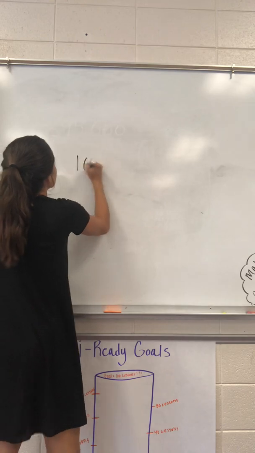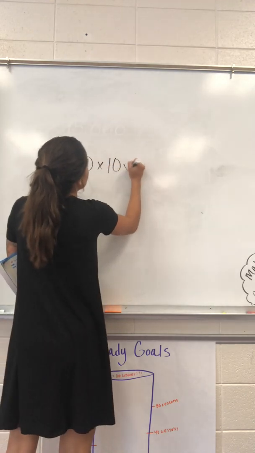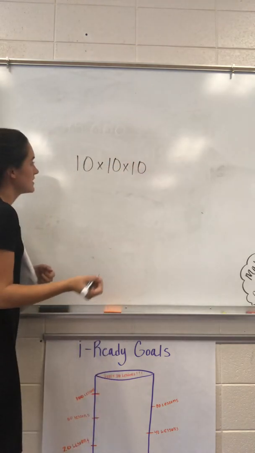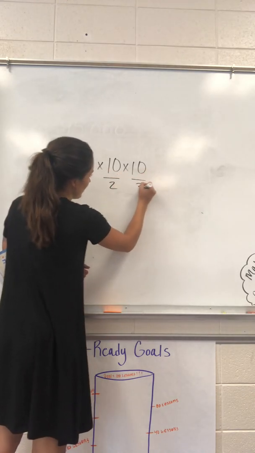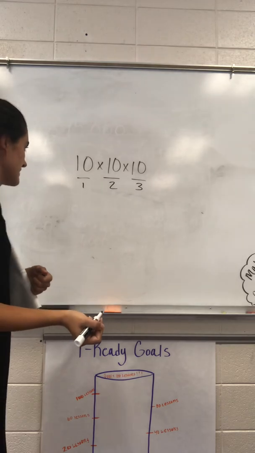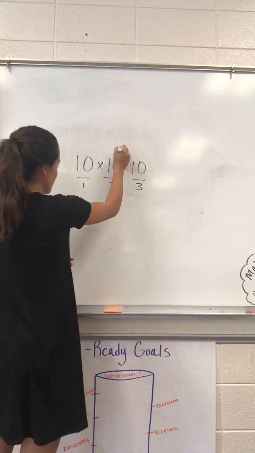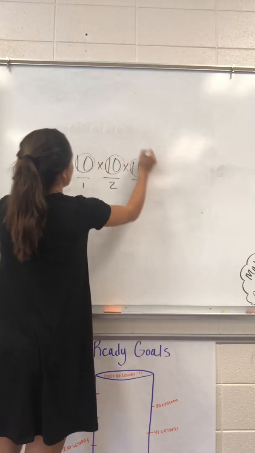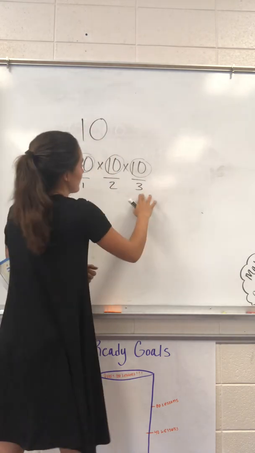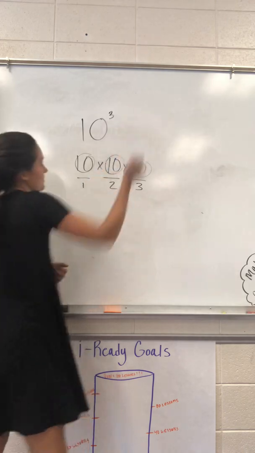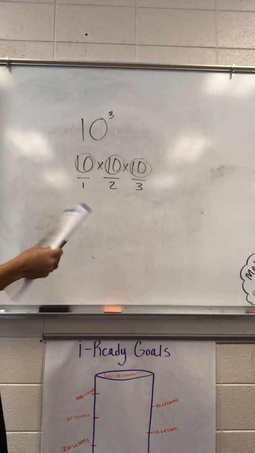So I've got 10 times 10 times 10. So I can count. I've got 1, 2, 3. So I've multiplied it 3 times. So I know that I can take this base number, which is 10, and I know I multiplied it 3 times, so that becomes my exponent, 10 to the third.